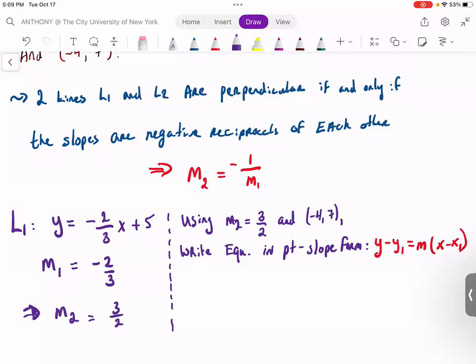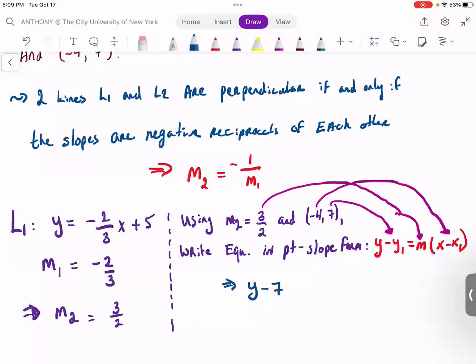So what I'm going to do is replace m with 3/2, replace x1 with -4, and replace y1 with 7. This will give us y minus 7 equals 3/2 of x minus -4.